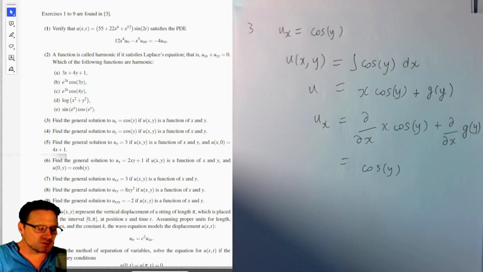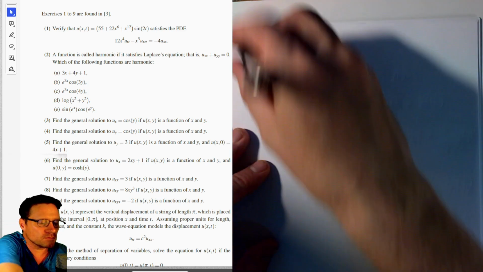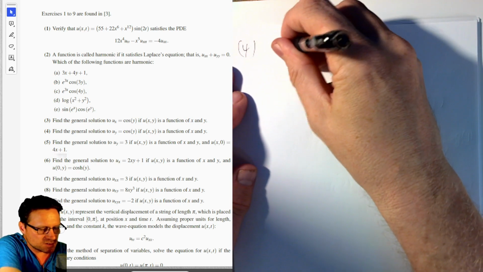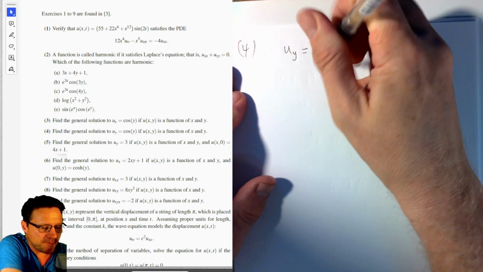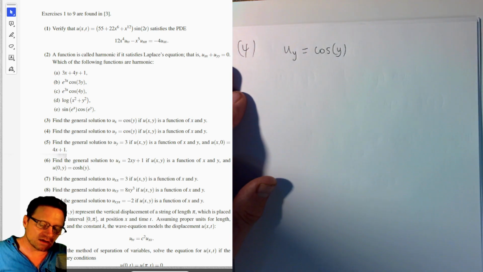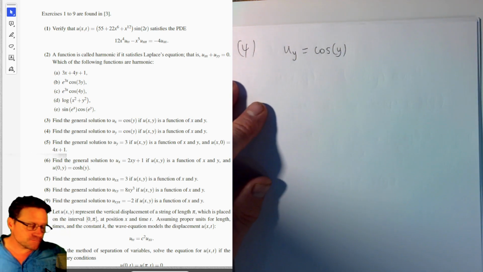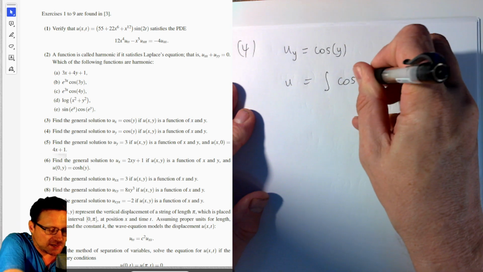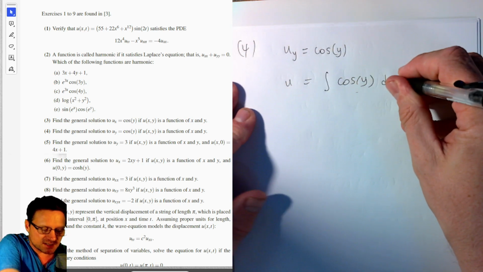Okay, let's move on to question 4. Find the general solution to u subscript y is cos of y. Okay, now this one is a little bit different because when we apply the integral to cos of y, it's not treated as a constant this time.